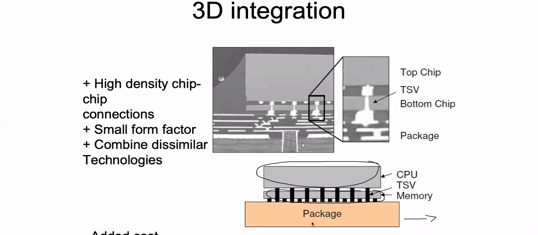And the package also helps the connection between the CPU and the memory. The advantage of this approach is you produce the CPU separately, you advance the memory separately, and you package them separately. So you can pick the best CPU chips, the best memory chips, and then package them. So you improve your yield. The problem is that you add an extra packaging step, but this is the way to go because you can put more bits per unit area.